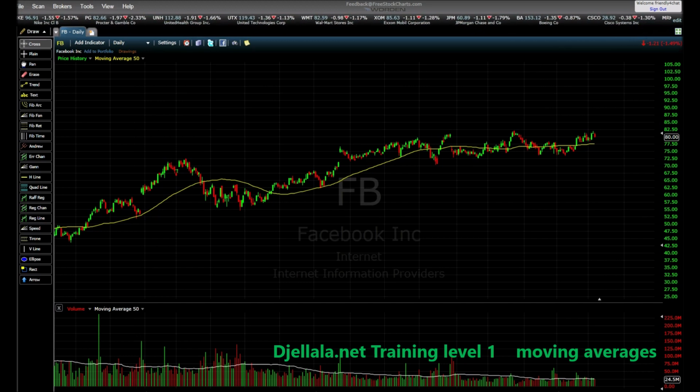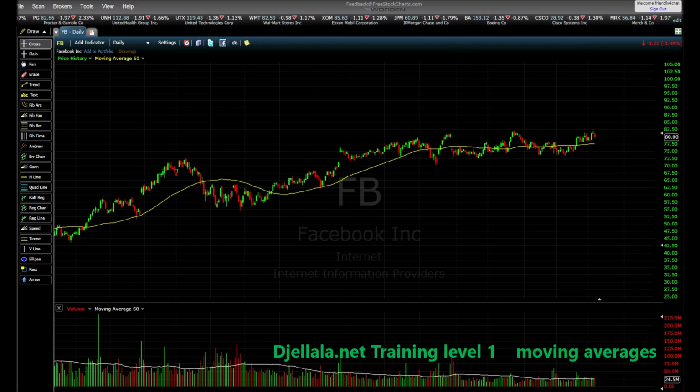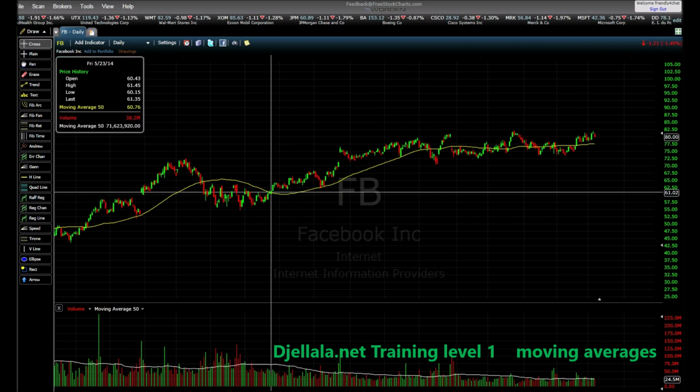So it goes down through the line here and you should sell. Then you buy it again here, and then it goes down for many days, and you should sell it here at this price, and you will buy it here.